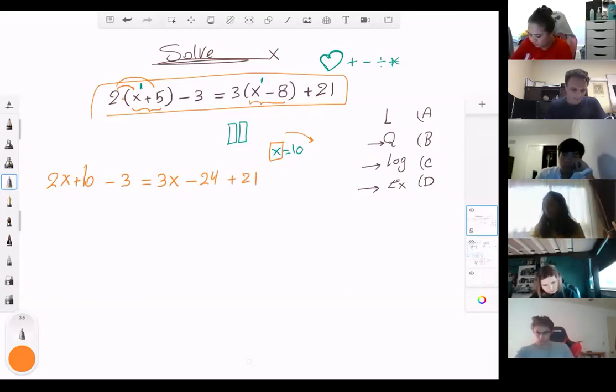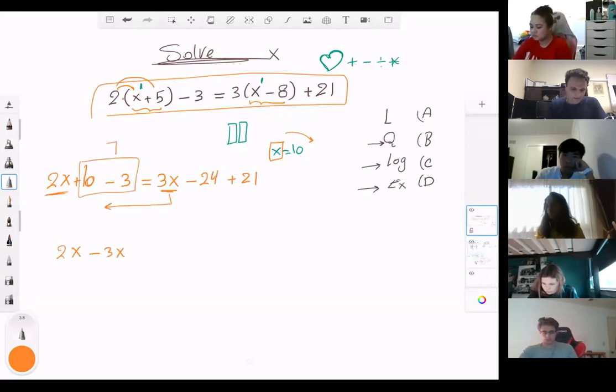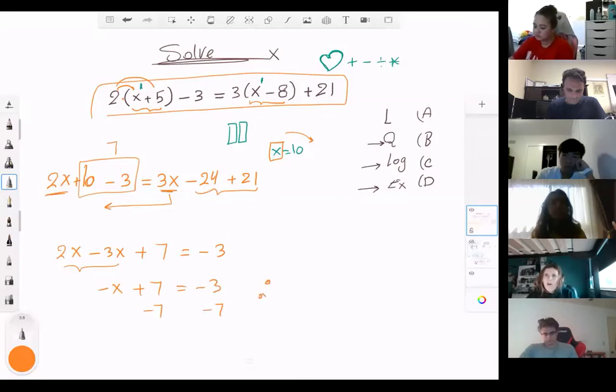Now we don't have parentheses. We have to collect the x's. So I'm going to bring this one over here. We have 2x minus 3x, 10 minus 3 equals 7, plus 7 equals negative 24 plus 21 is negative 3. 2x minus 3x is negative x, plus 7 equals negative 3, minus 7 minus 7. Negative x equals negative 10, so x will be positive 10.